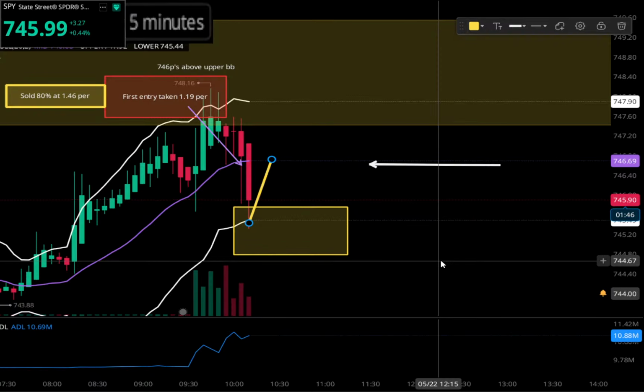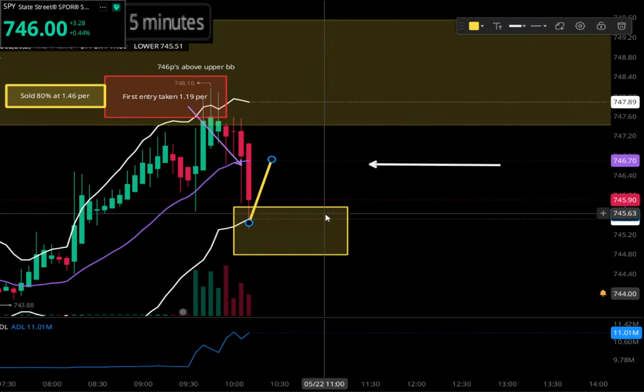When that price hits, it's going to take 3 of the 4 contracts, and I will have an additional contract to run if there's room to run. Currently, these calls are up about 12%, so already starting to do very well.